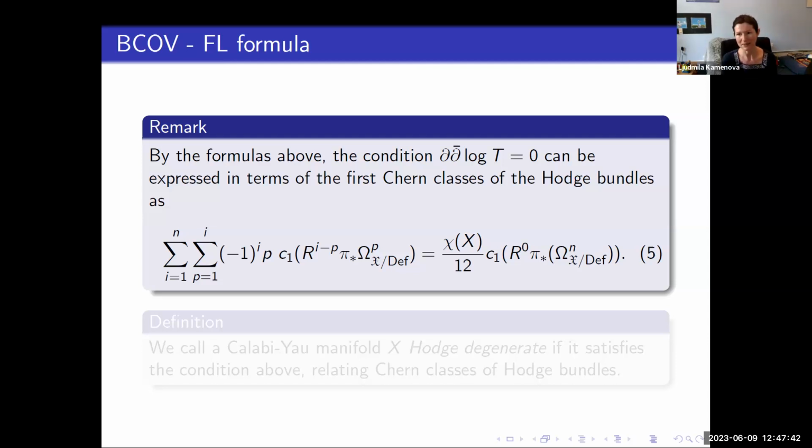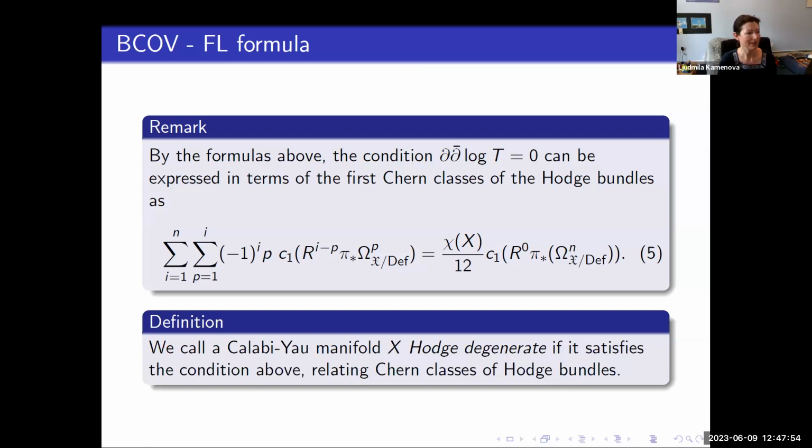Well, there's the expression. It's a bit cumbersome, but it is a mathematical expression, so one can do this. And we call a Calabi-Yau manifold Hodge degenerate if it satisfies this condition above. So basically, in our theorem, we want the Calabi-Yau manifold to be Hodge non-degenerate. So we want dd bar of log of t to be different than 0.